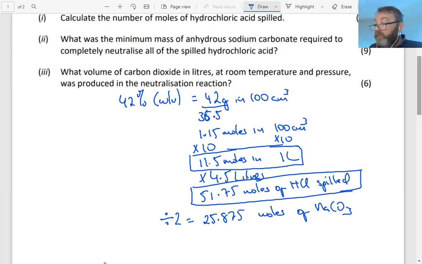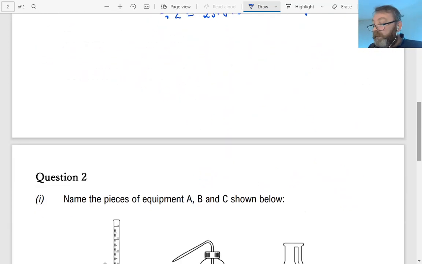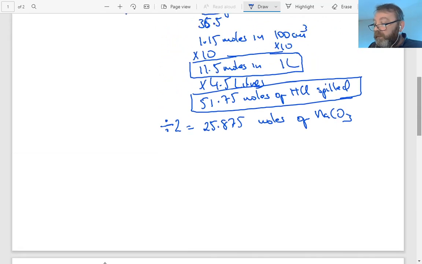They want you now to turn that moles into mass, most important thing. So to go from moles to mass, I'm going to multiply by the mass of sodium carbonate, Na2CO3, which is 23 and 23, which is the two Nas, and then you've got 12 for the carbon, and then you've got 48. So when you add those up, you get 106.